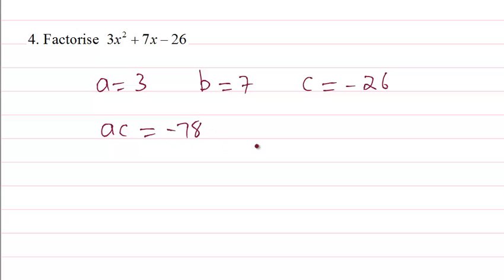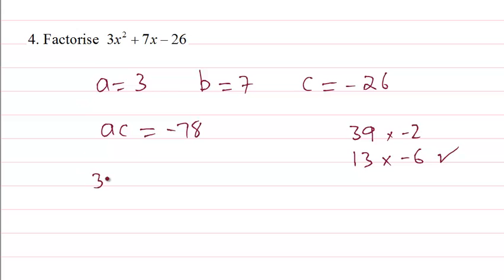So 78 hasn't got many factors. Say 39 times minus 2, but these two add up to 37. That's not right. Or we can do 13 times minus 6, that's minus 78, and they add up to 7. So this is the correct one.